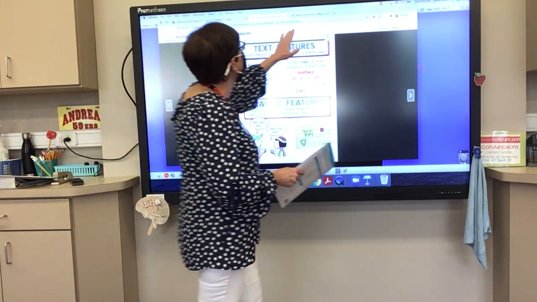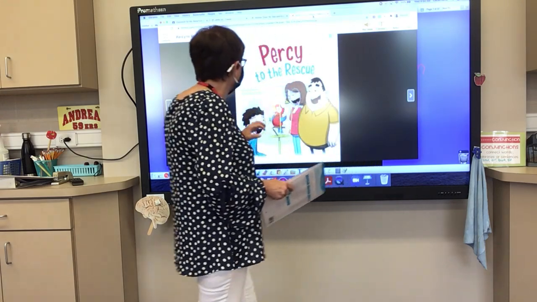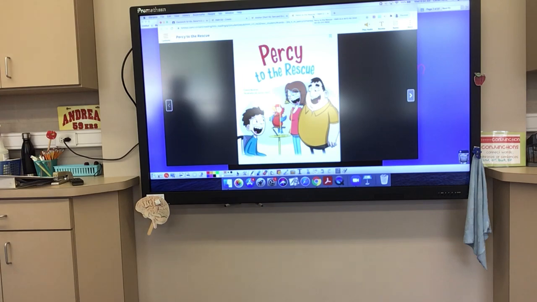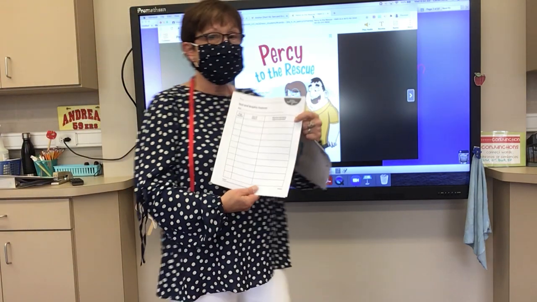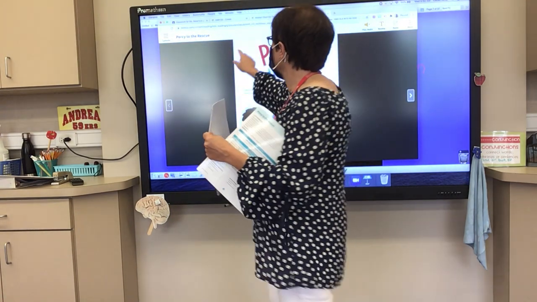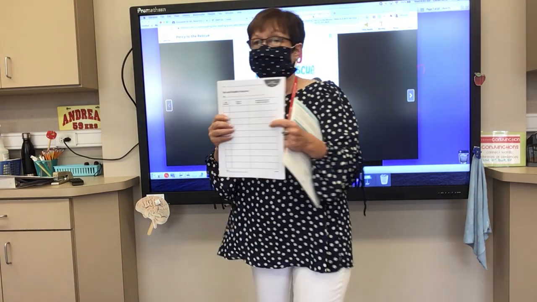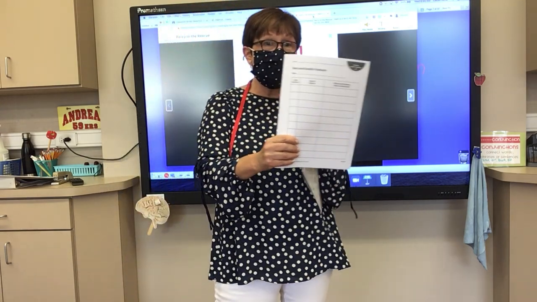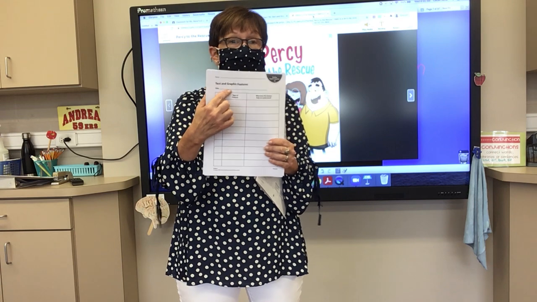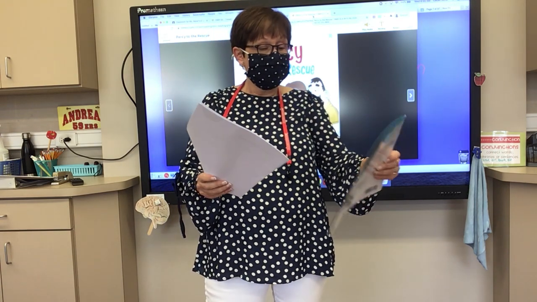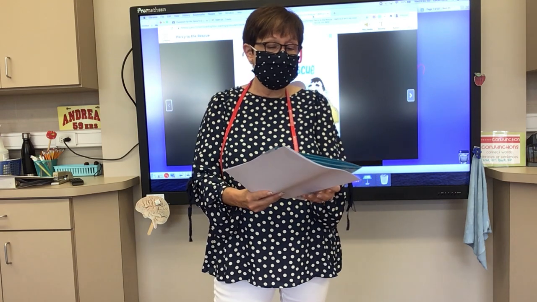So the first thing we're going to do on our graphic organizer for text and graphic features is write our title, Percy to the Rescue. So everybody, on this page, let's write Percy to the Rescue.